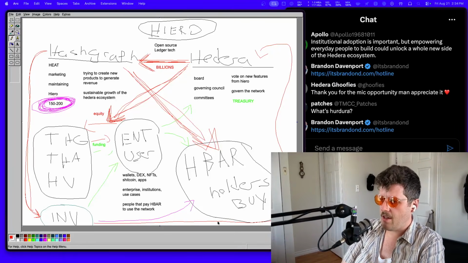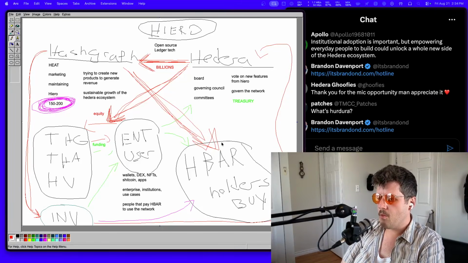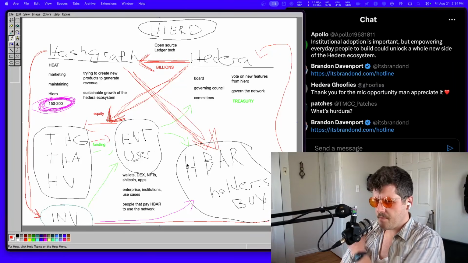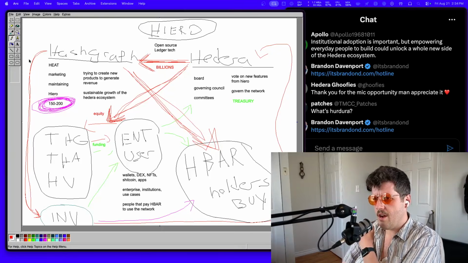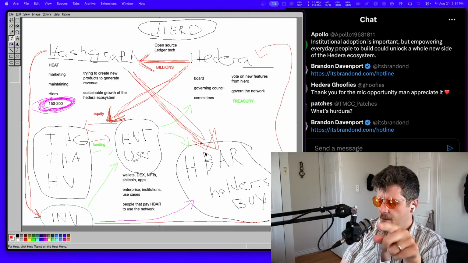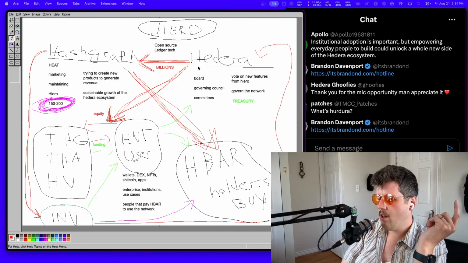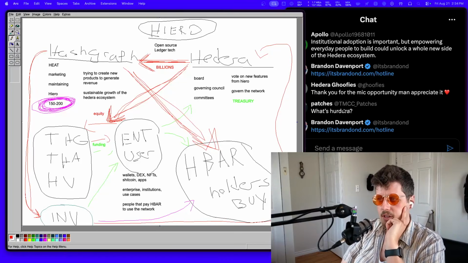And we really want this to be an attractive asset for people, because, and this is where things can get a little scary, if HBAR isn't an attractive asset to purchase, then all of this starts to crumble and fall apart.